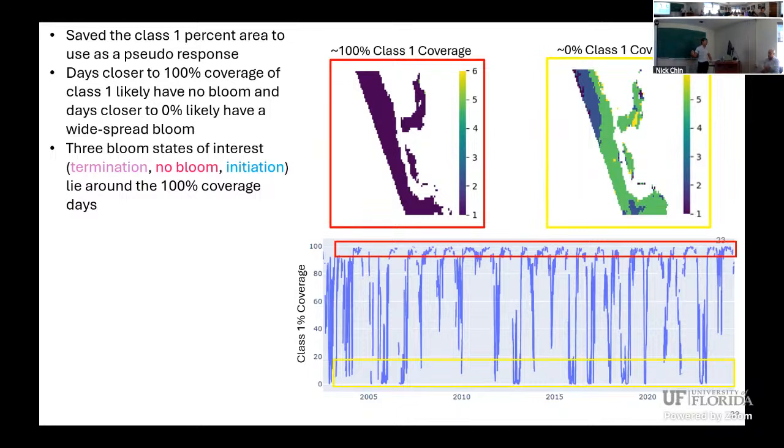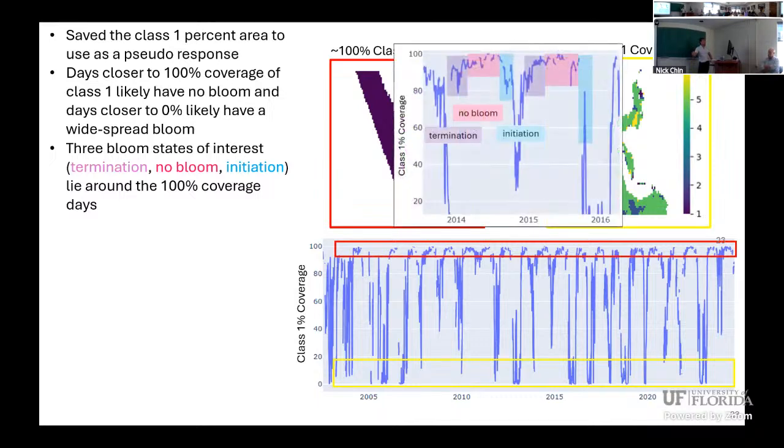Remember, in this first part of the analysis, we're looking for 3 bloom states of interest. That's just a zoomed in area of this: termination, no bloom, and bloom initiation. When you go from some bloom coverage to no bloom coverage, we're going to classify this as termination.